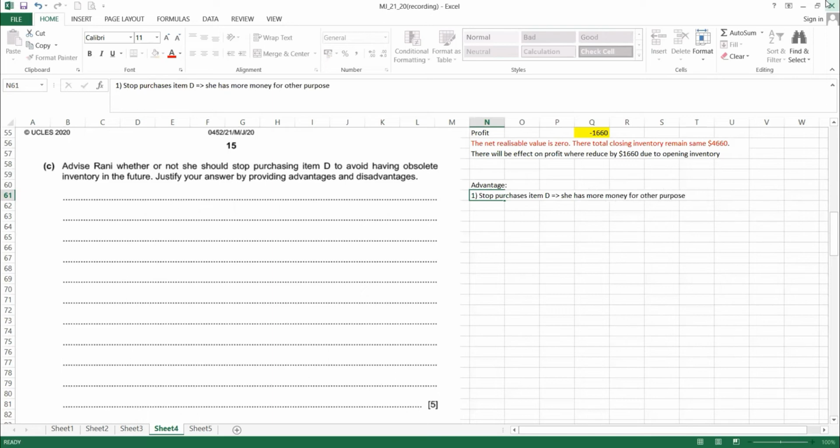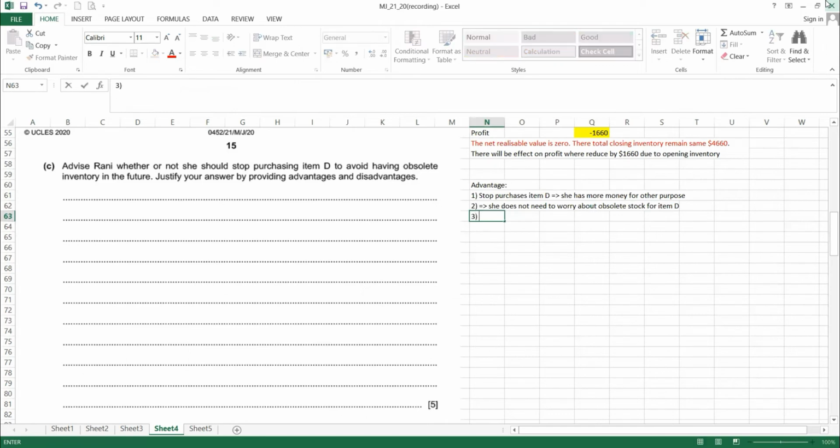This is one of them. And also, if she stops buying item D, she does not need to worry about obsolete stock for item D.